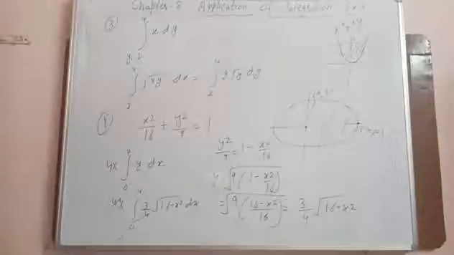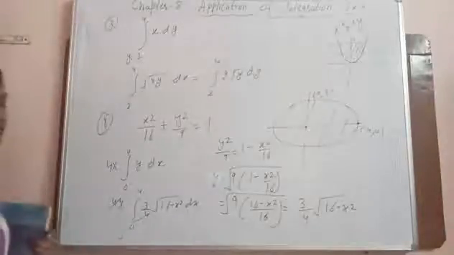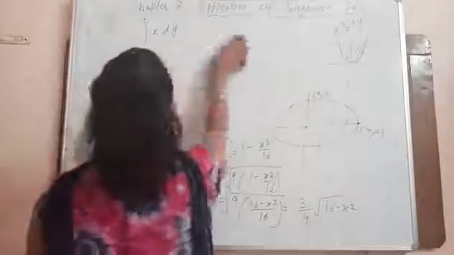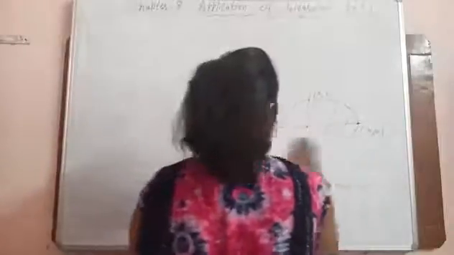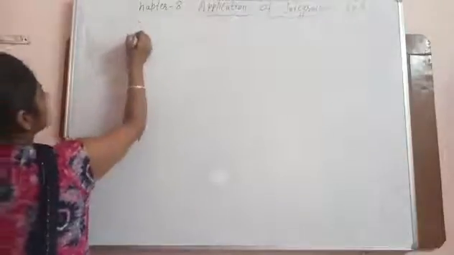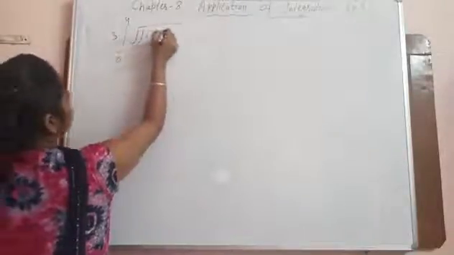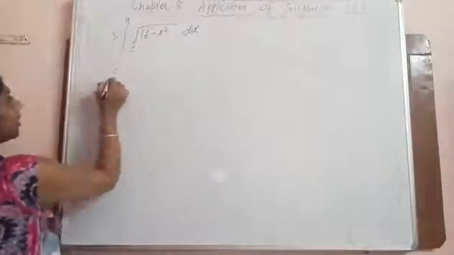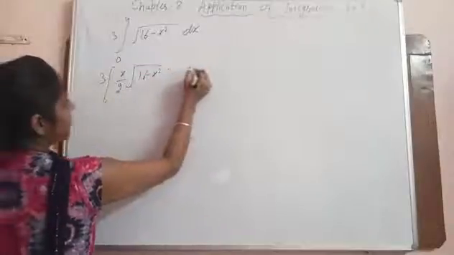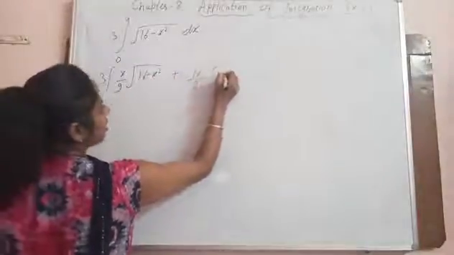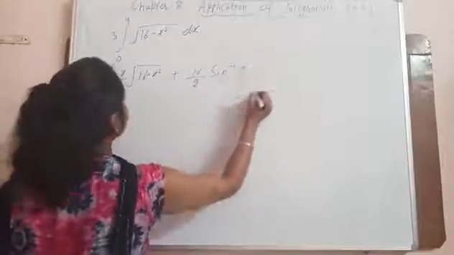What is the formula to take the integration of root of 16 minus x square? We will apply the standard result of the integration. So formula is x by 2 root of (16 minus x square) plus a square by 2 sin inverse x by 4.